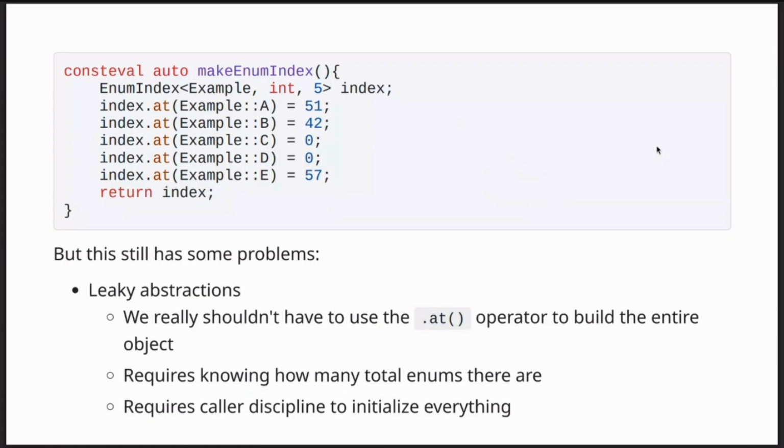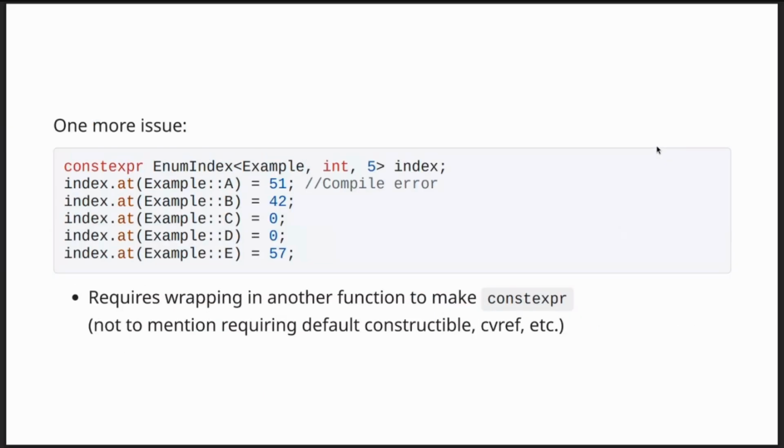And it requires caller discipline to actually initialize everything, to give all of these valid values. And of course, one more issue is that if we don't wrap it in a compile time function to build it, we can't actually make it constexpr, because we don't build it all at once in a constexpr constructor.